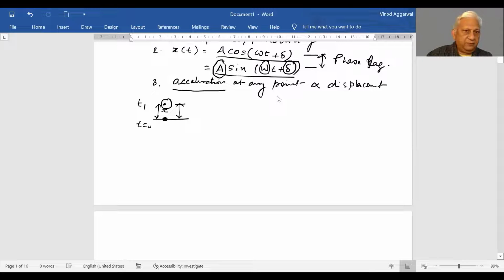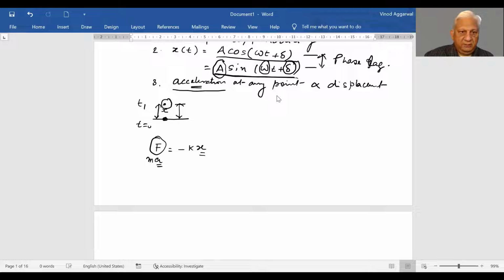Now let's see some treatment of harmonic motion, SHM, simple harmonic motion, certain formulas, certain treatments. We've already seen by this function force, which is mass into acceleration. So acceleration is proportional to displacement. This is first criteria. Second criteria, we have already seen this sinusoidal function. Okay.